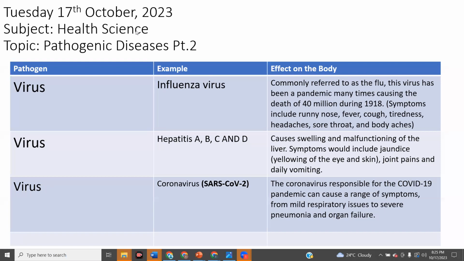Well, we know it's caused from a mosquito, but is it caused by a virus? Yeah, it's a virus. It's caused by the dengue virus. That's a good one.